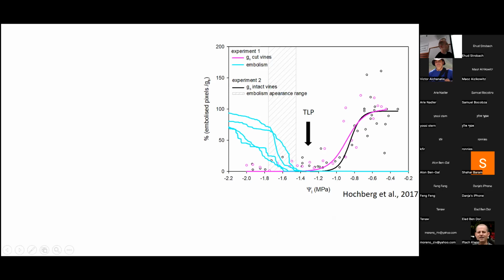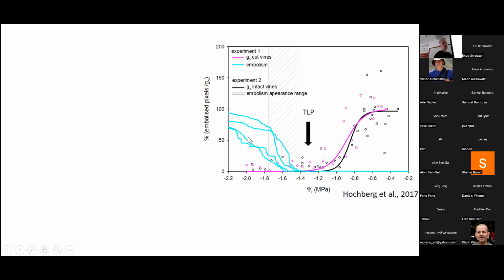So you see that when there is dehydration down to minus 1.2 megapascal, this is in grapevines, each species has its own values, there's stomatal closure. Plants are trying to avoid dehydration. They try to conserve their water, so they close their stomata. If they keep drying, because some vapor is escaping through the cuticle or because other plants are taking the water or the soil evaporates, they reach turgor loss point and then they wilt. The leaves are wilting, they become sad. And only after that, when you reach lower values, there's cavitation.